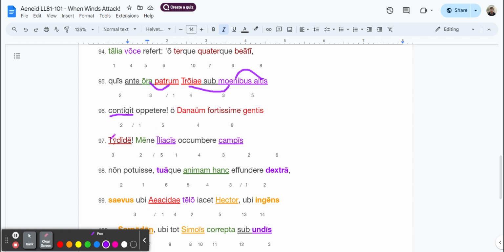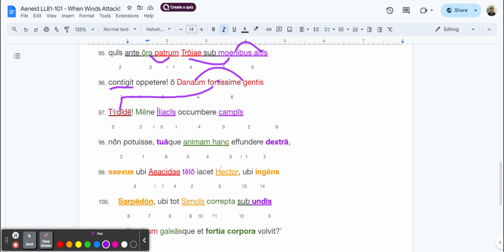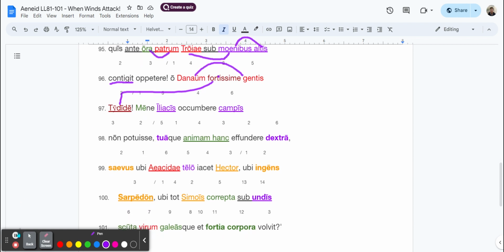Oh, Tydides. And Tydides is the same one as Diomedes. Most brave. And so here we have the vocative again. So the bravest of the Greek clan, the Greek people. All right, so he's calling to Diomedes, and then we have kind of an indirect statement here.